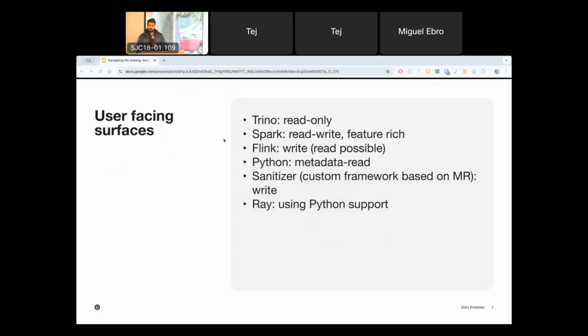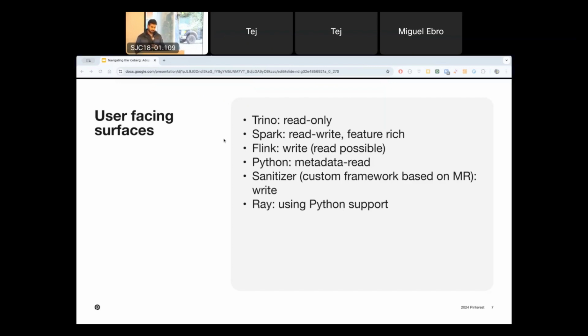In terms of user-facing services, we support Iceberg as of today from multiple places for our users. Trino is very commonly used to read the Iceberg data. Spark, on the other side, is a much more mature engine that we provide integration with Iceberg.